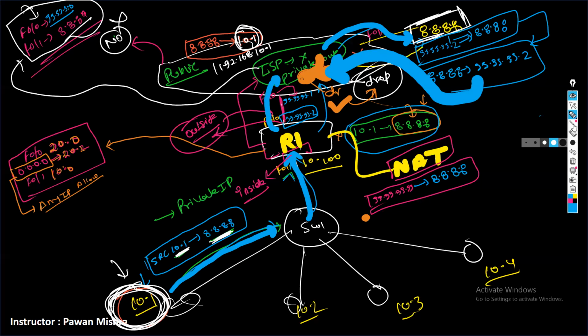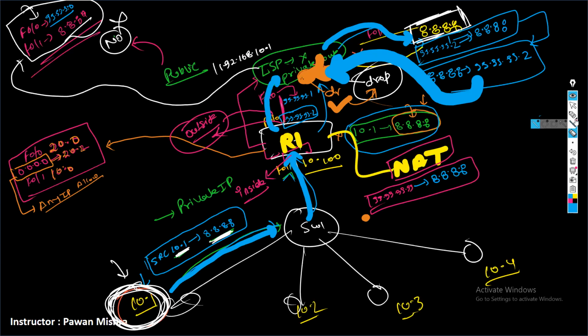Now, okay guys, you remember earlier when this ISP received the packet from Google, the source IP address was 8.8.8.8 and the destination IP address was 10.1. But now this time, after enabling NAT, what happened? This ISP will receive a packet with source IP 8.8.8.8 and the destination IP is what?